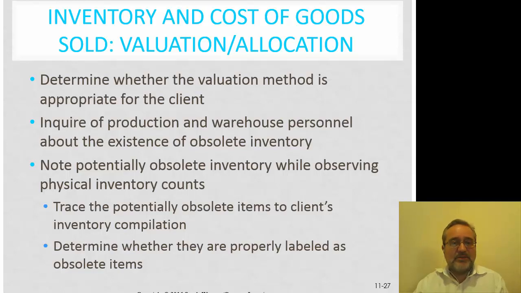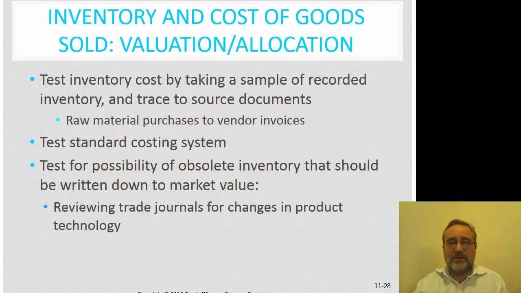It's possible that this inventory is there because nobody is selling it. If this is the case, it's very possible that this inventory needs to be written down. Trace potentially obsolete items to the client's inventory compilation and determine whether they are properly labeled as obsolete items.